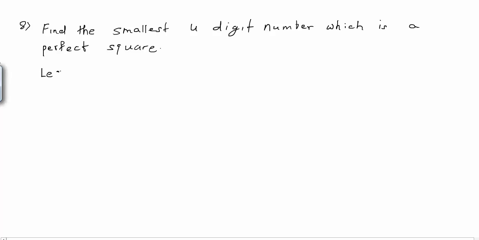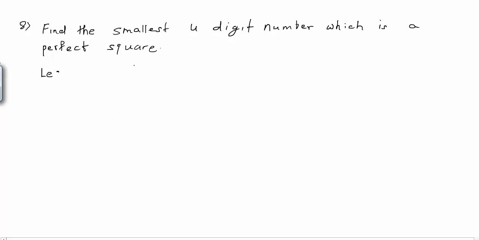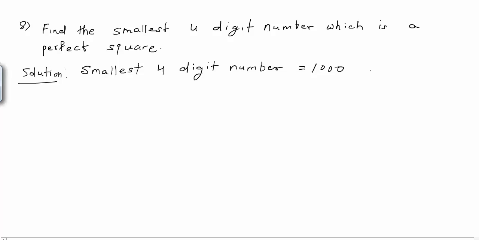So the smallest 4-digit number. Solution: smallest 4-digit number, yes, it is 1000.